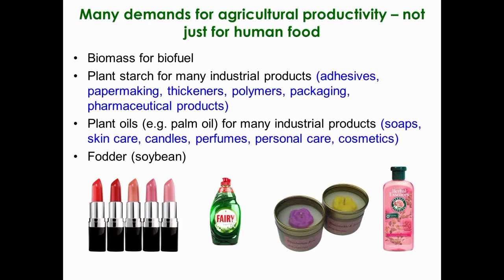And that in itself is an important point to note, that to generate a kilogram of, say, wheat grain versus a kilogram of beef, producing the meat requires much substantially greater resource in terms of water, in terms of nutrients, in terms of energy input in comparison to the grain. Also, there's needs for this crop production for a range of non-food uses. So it's easy to forget that a lot of these cosmetic products, industrial products, are plant-based. So there's a lot of demands on agricultural productivity.